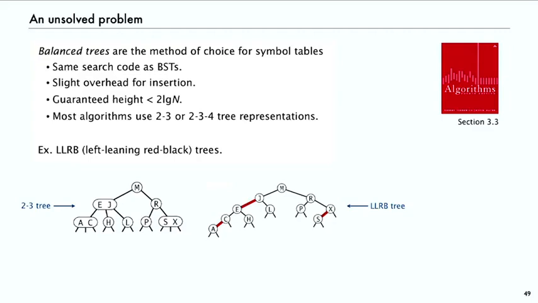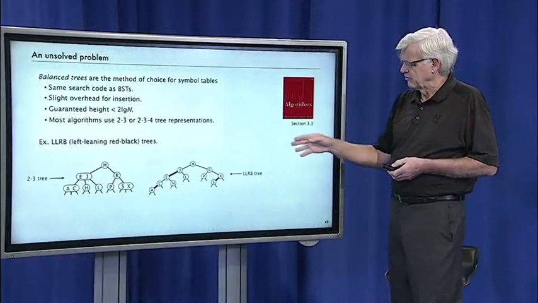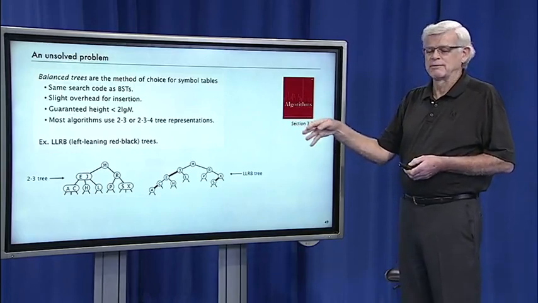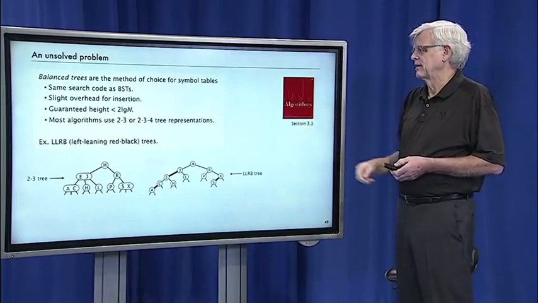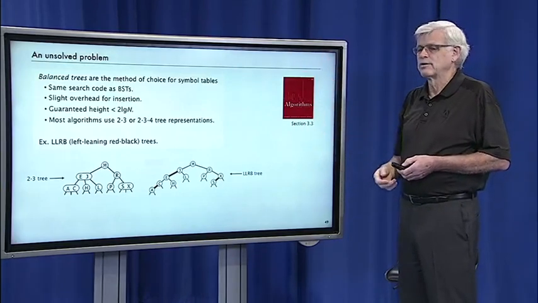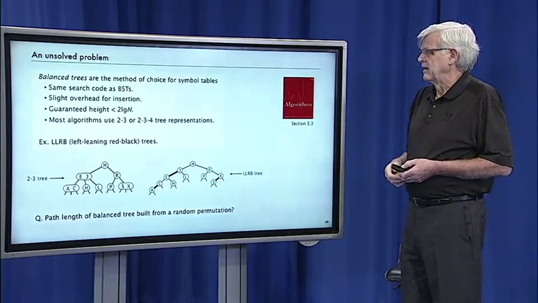There's the binary tree representation of that, where sometimes you have 2 keys per node, but you can represent that just by a left-leaning node with a special link on it. And so now we have binary trees with that little extra overhead that we have to maintain those links in a particular way. But otherwise, that's the method of choice for symbol tables.